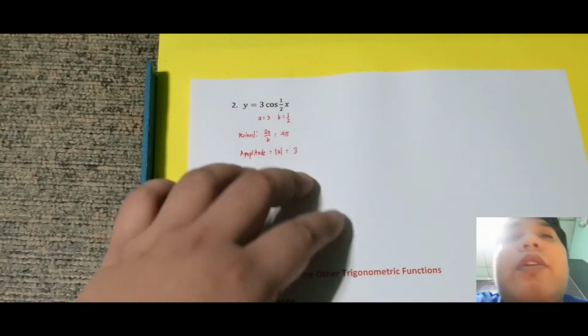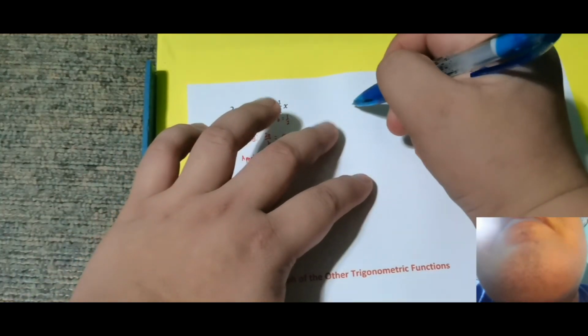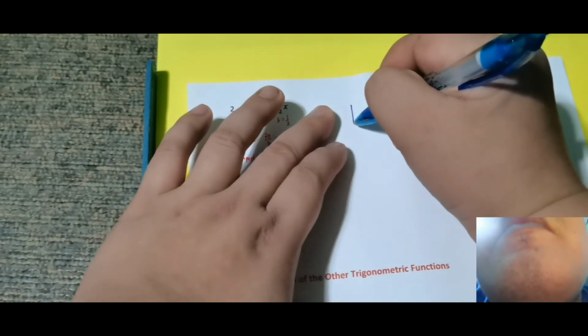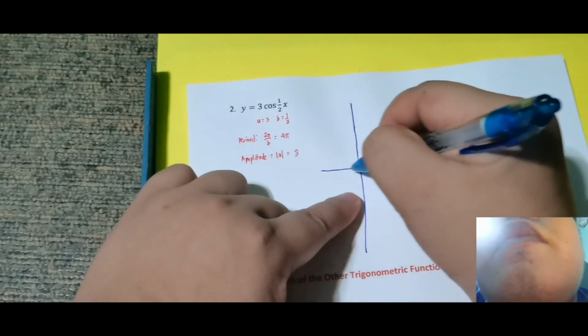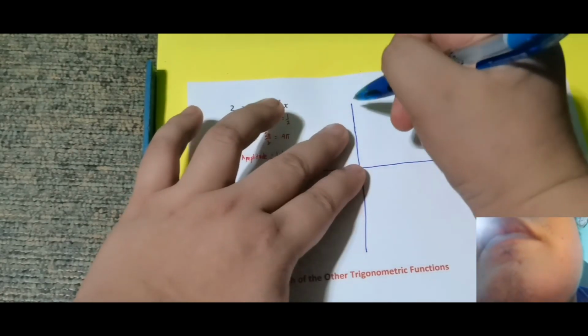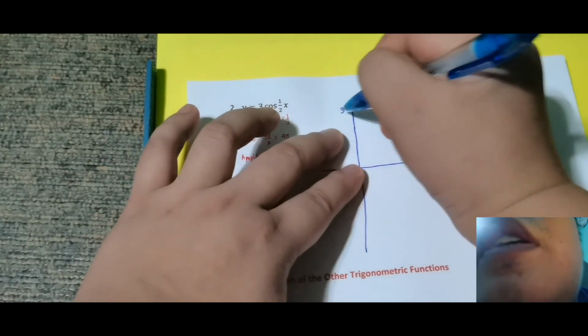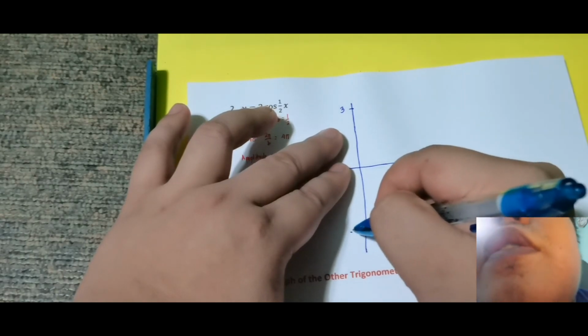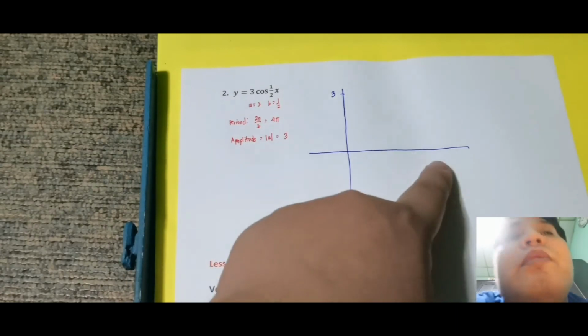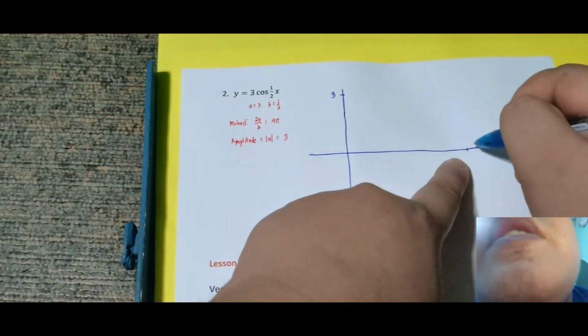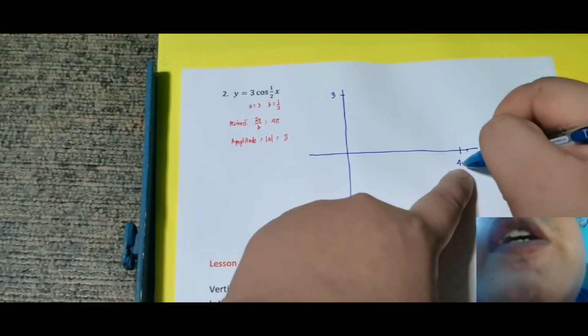So dito graph lang tayo. Assuming ito yung 3, assuming ito yung negative 3. Okay, so ito yung 0, hanggang dito yung 4 pi.